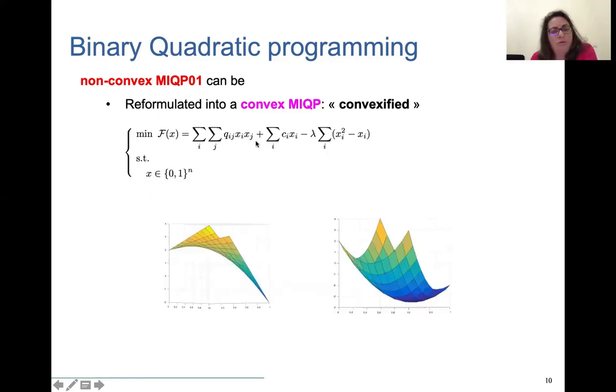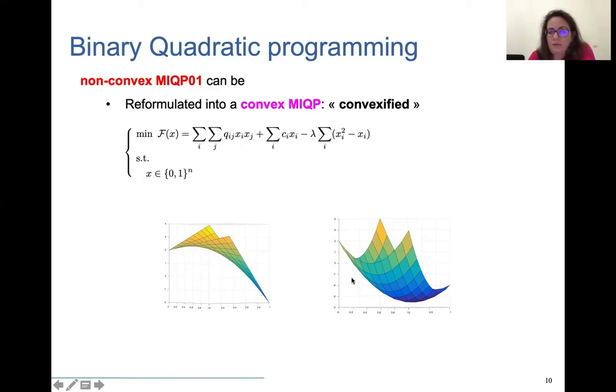Here is an illustration of this. When you have an initial non-convex function, doing this convexification gives you a convex function, but satisfying the fact that when your variable is 0 or 1, so for those feasible solutions, the two functions have the same value.